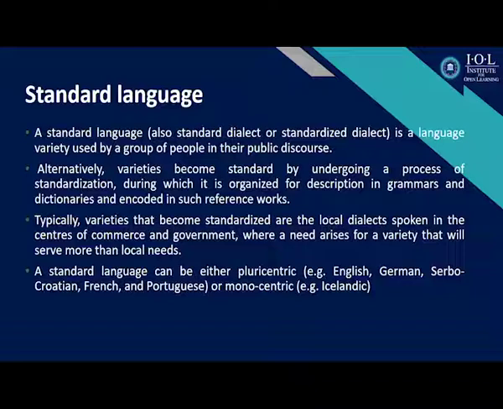A standard language can be pluricentric, such as English, German, French, or Portuguese, or it can be Oshiwambo, Afrikaans, or Silozi. All of these are standard languages because they have grammar and an orthography.